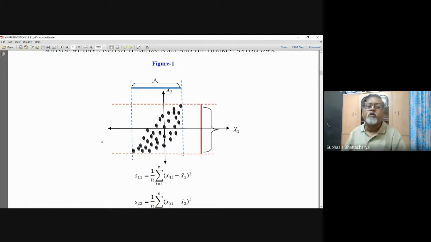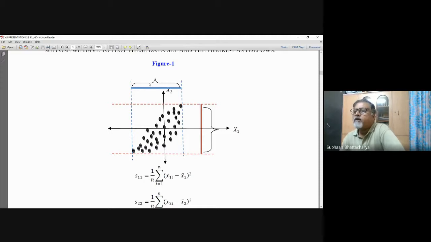Look at the two blue dashed lines. The gap between the two blue dashed lines is identified here by a bracket, and that shows the spreadness of x1. It is measured by the thick blue line between the two terminal values of x1.